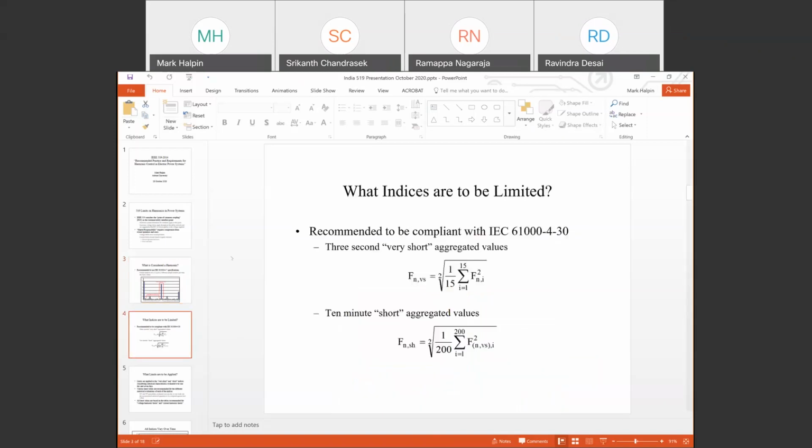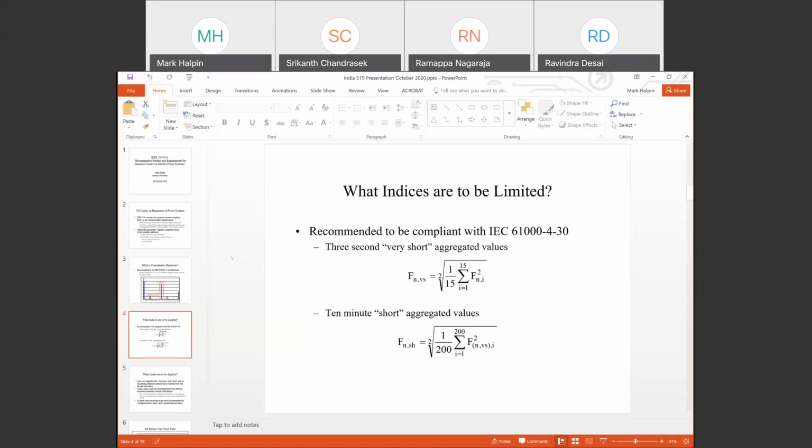So if we're going to establish limits, then we have to have indices. We've talked about how we're going to measure the actual harmonic, but how are we going to aggregate it, or develop an index to give a limit number to? Here we borrow again from our colleagues in the IEC, this time from IEC Standard 61000-4-30.